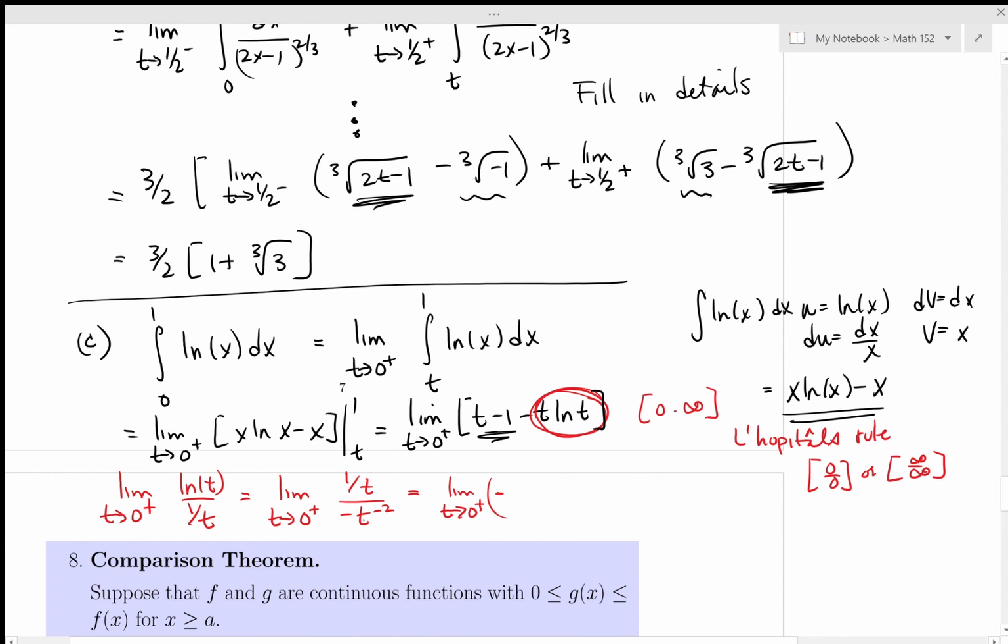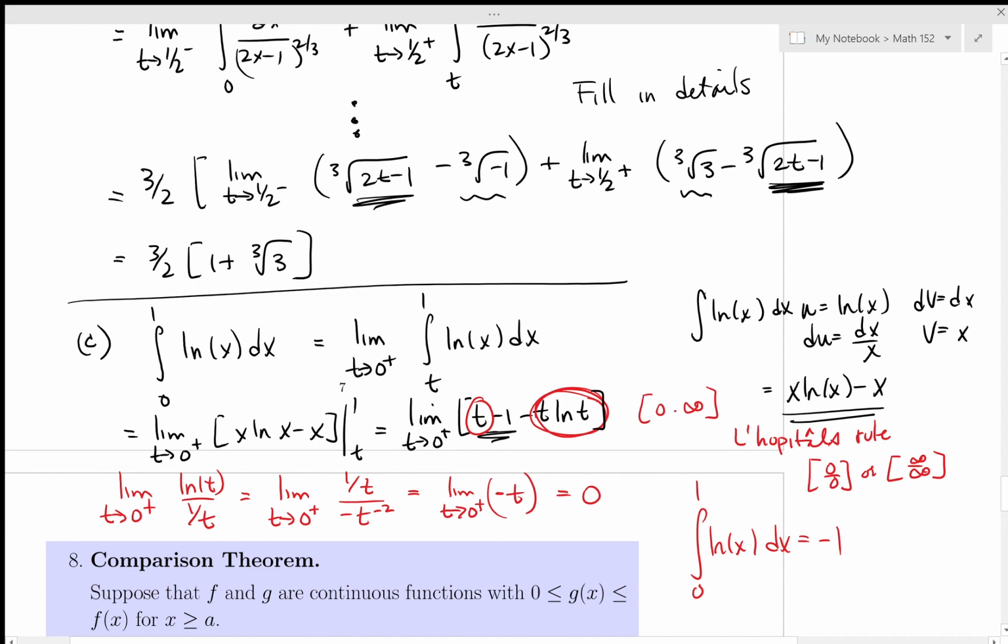We've got 1 over t divided by 1 over t squared, which is t. So that's going to be 0. So that thing goes to 0. This thing here goes to 0, and that leaves us with that minus 1. So I can now write out the answer. The integral from 0 to 1 of log x dx is equal to minus 1.